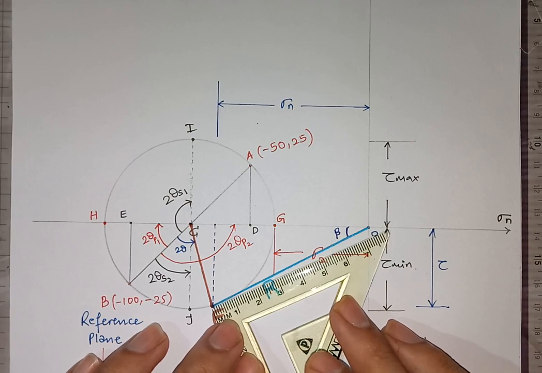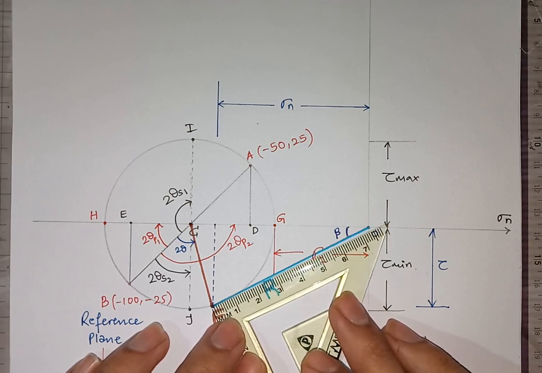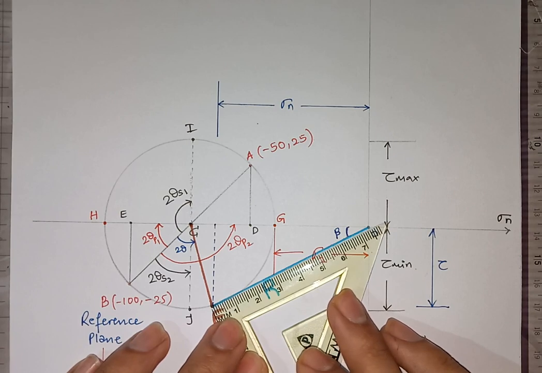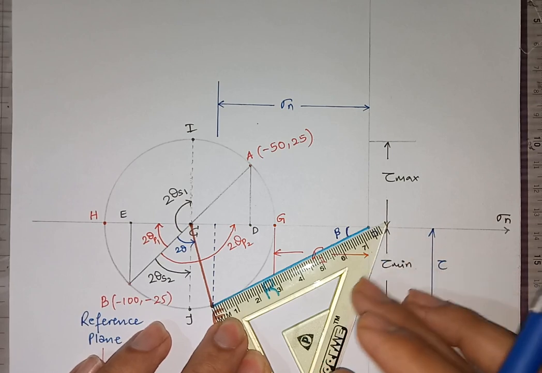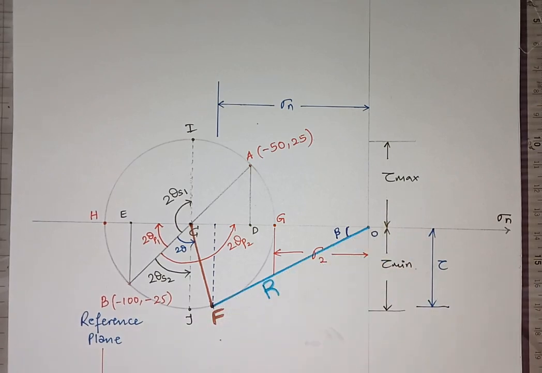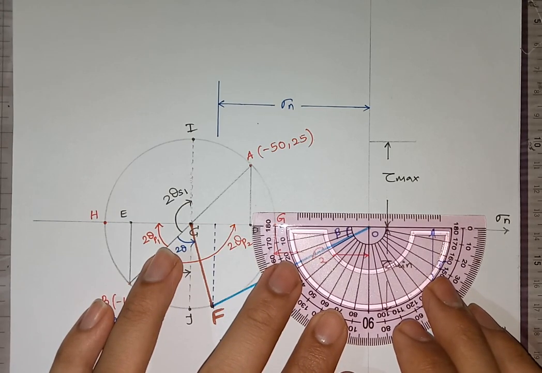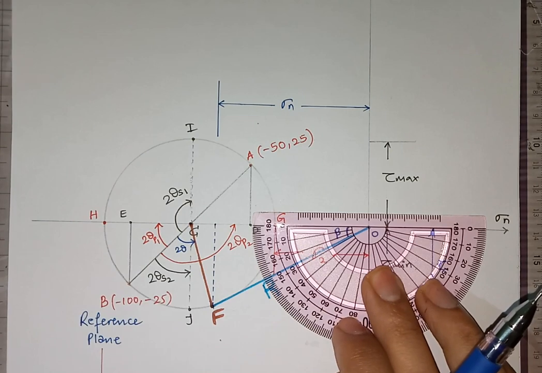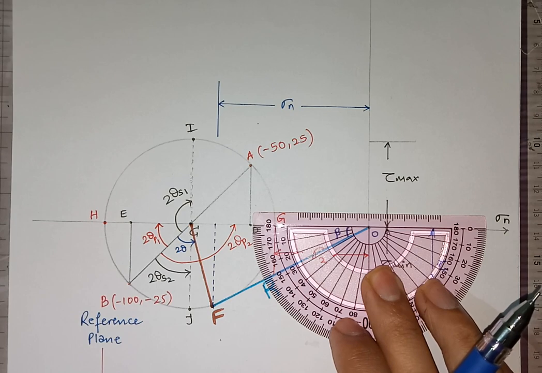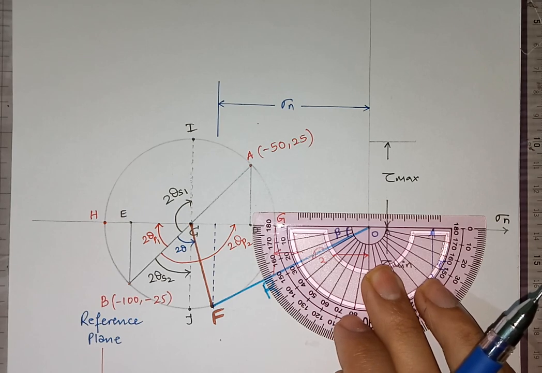If I measure the resultant, I am getting the resultant value as 74 mm, and the value of beta is around 27 degrees.